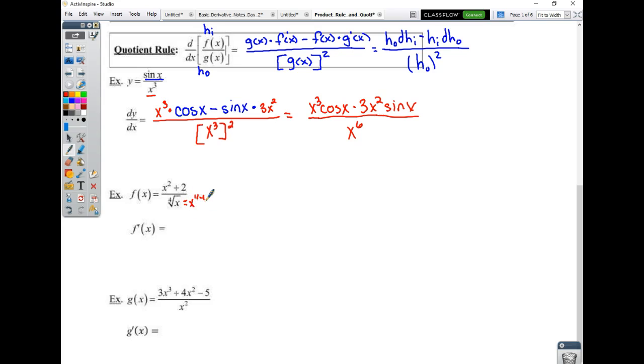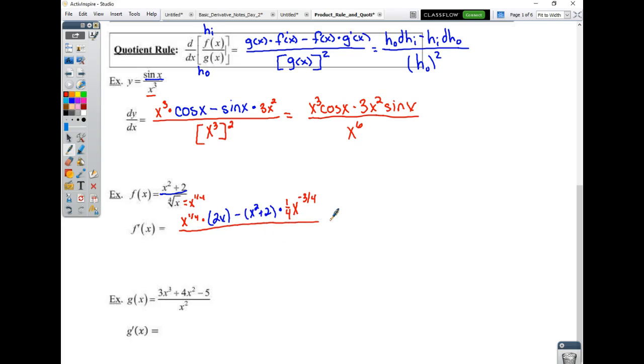This is going to be x to the 1/4 times the derivative of 2x minus times 1/4 x to the negative 3/4.